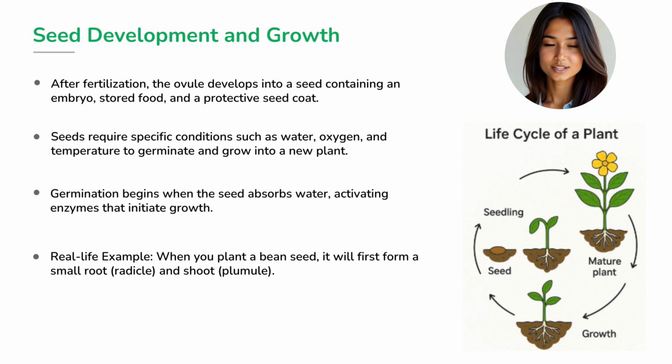Real life connection. Think about when you plant a seed in a pot. What happens next is just like what we see here. It starts as a tiny sprout, and with enough care, it grows into a full-fledged plant.